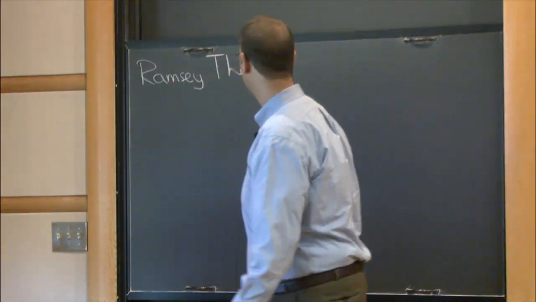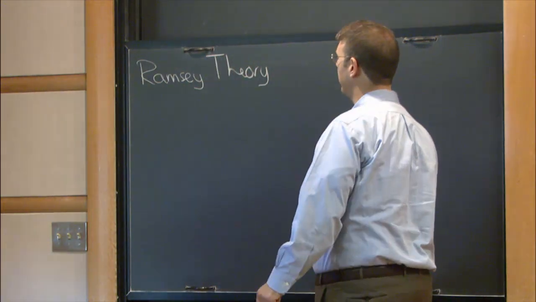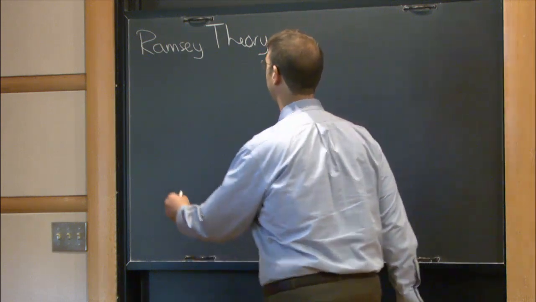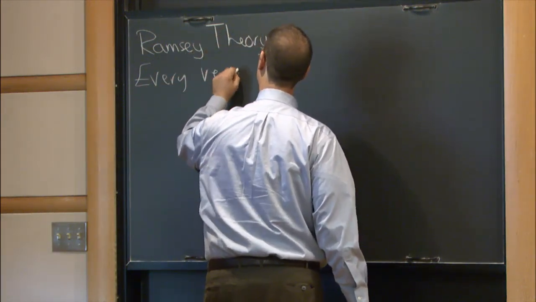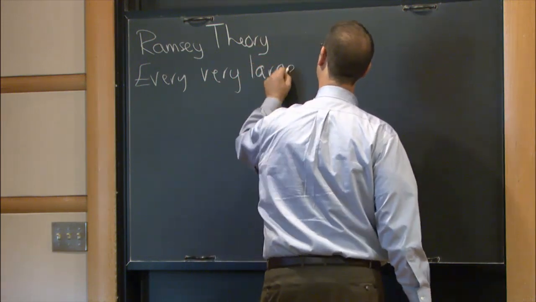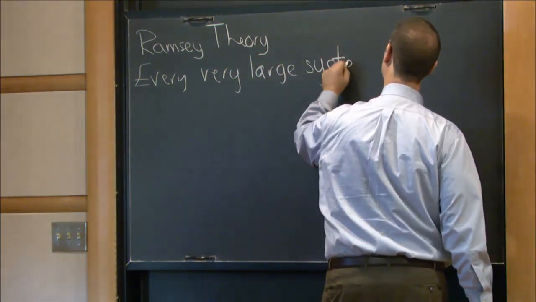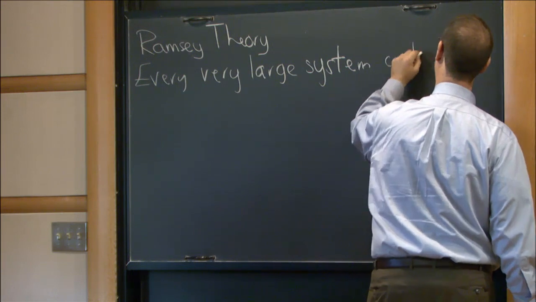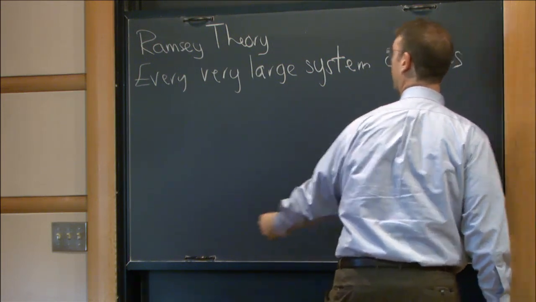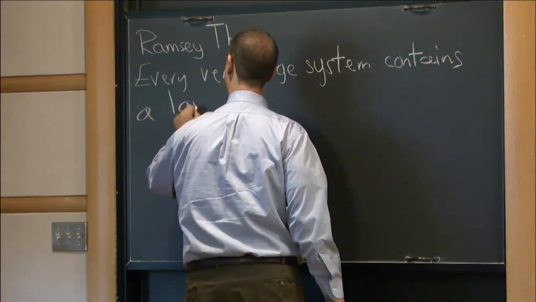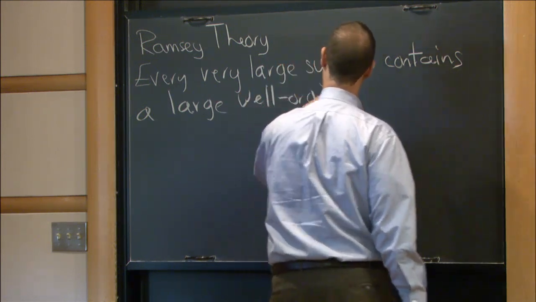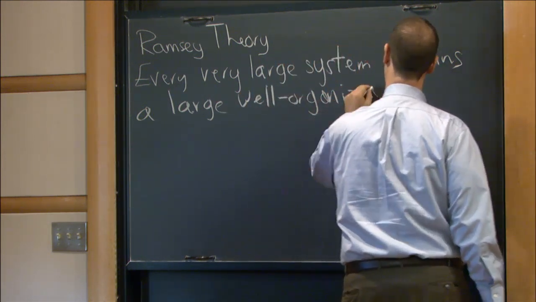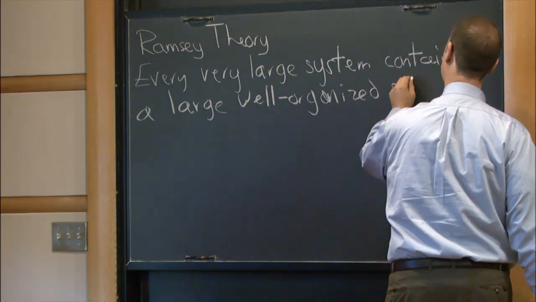So Ramsey theory consists of a large body of deep results in mathematics that say that every very large system contains a large, well-organized subsystem.